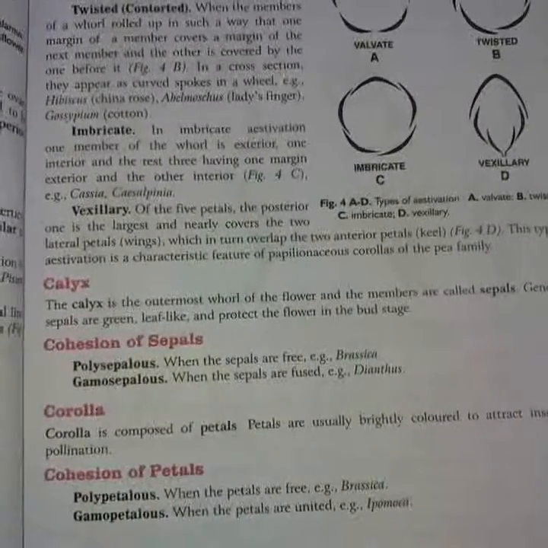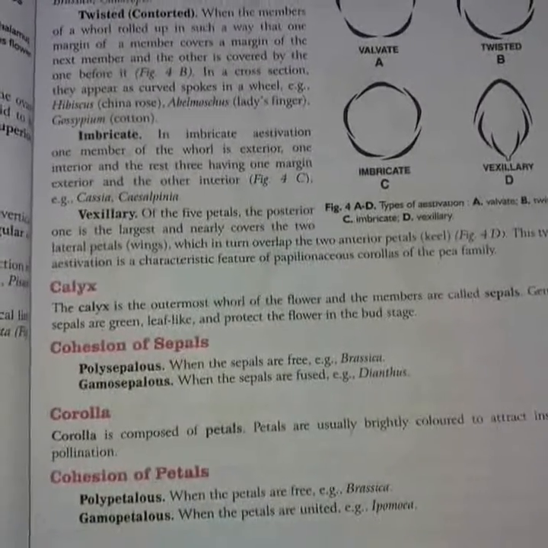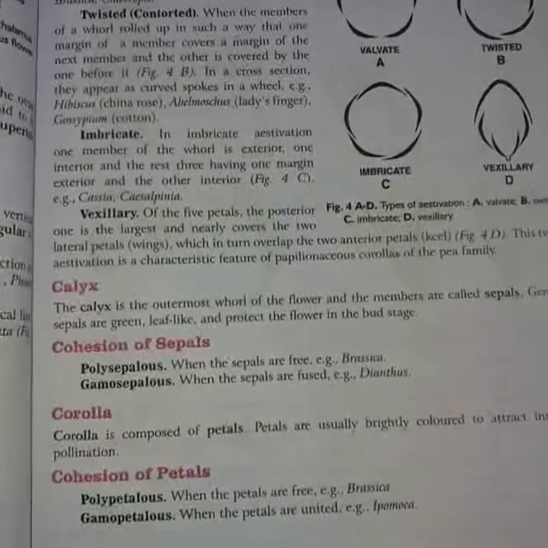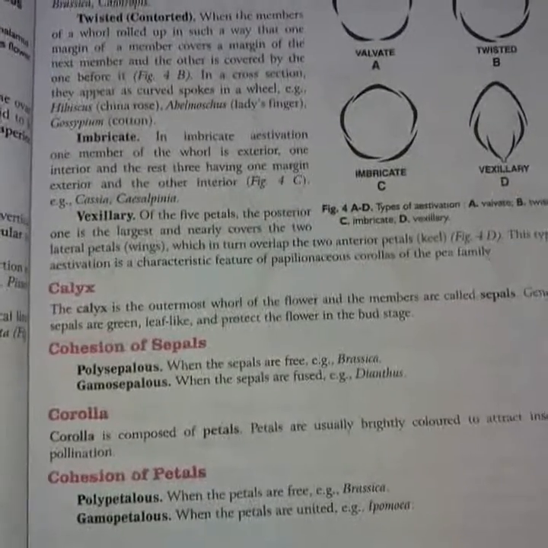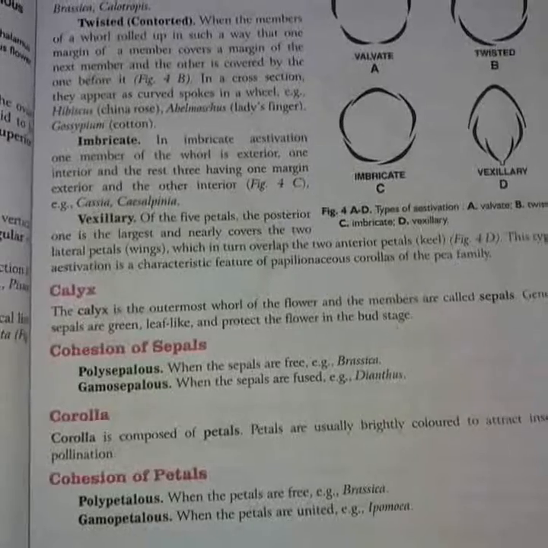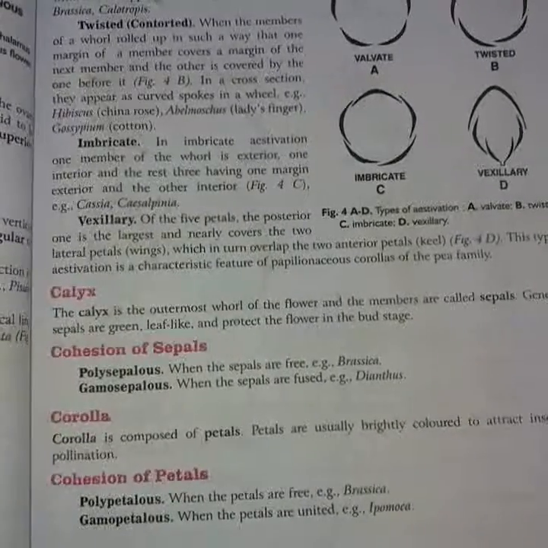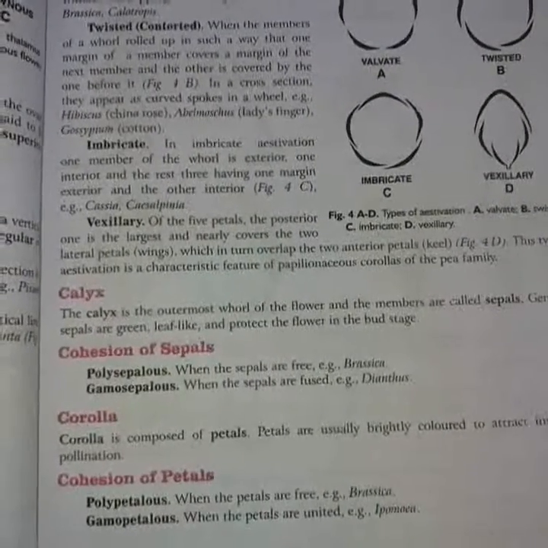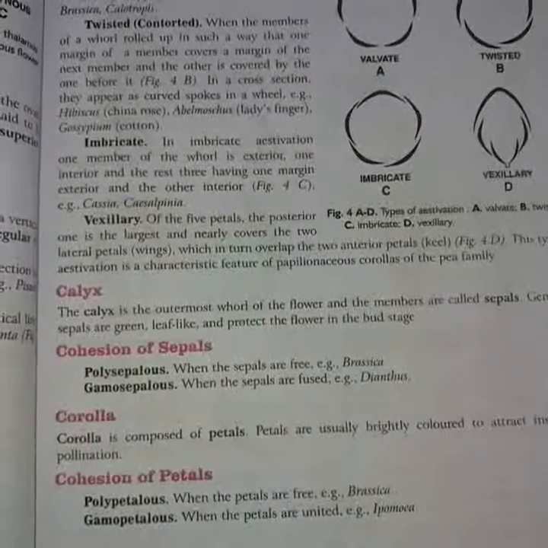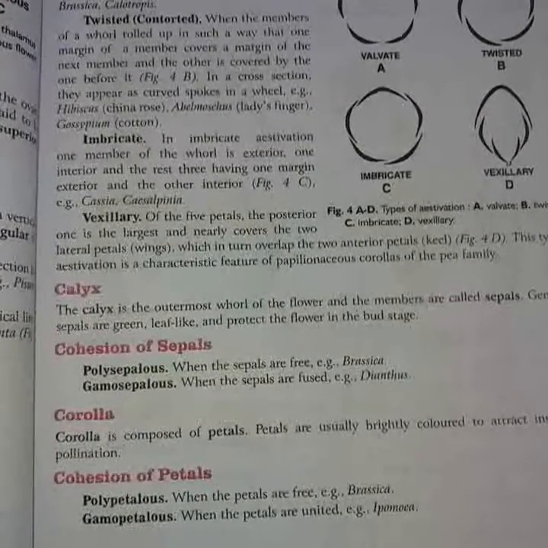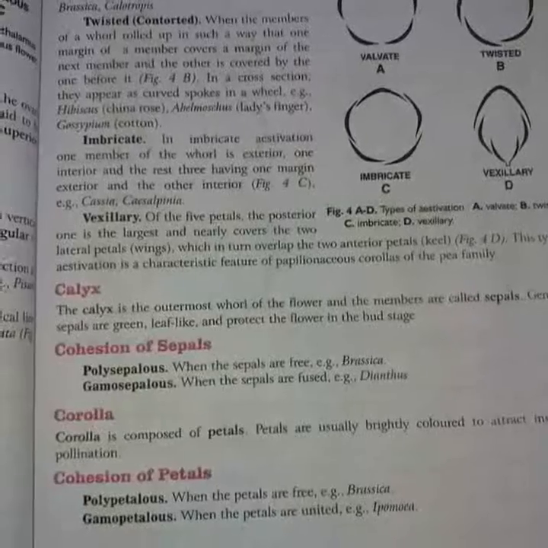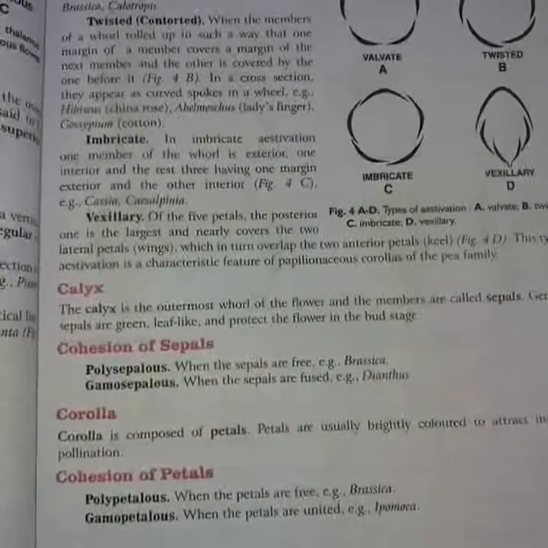Polypetalous is when petals are free from each other, as in Brassica. Brassica campestris or mustard flower is polypetalous because all petals are free.